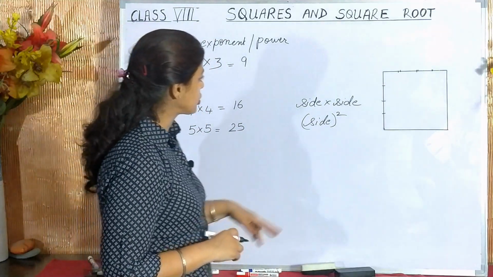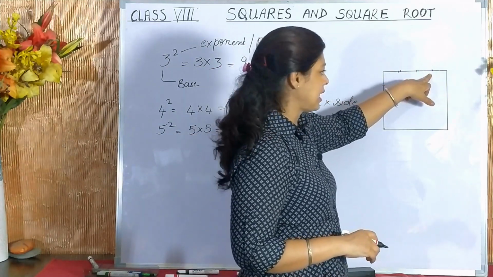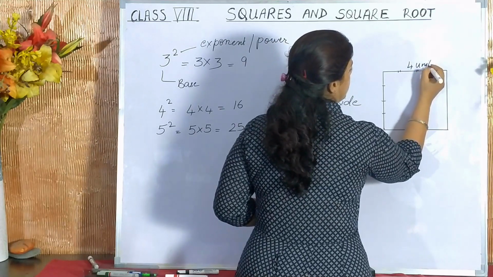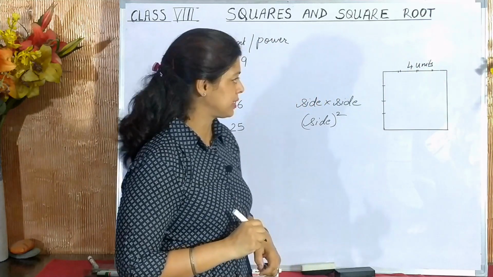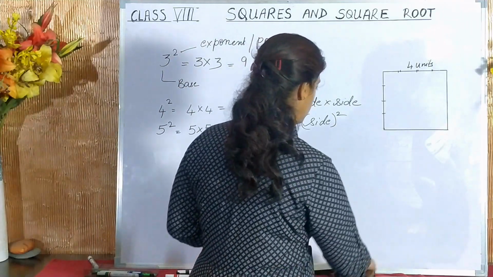Now if I have a square with the length of its side as 4 units, and if I were to square this, it would look like this.